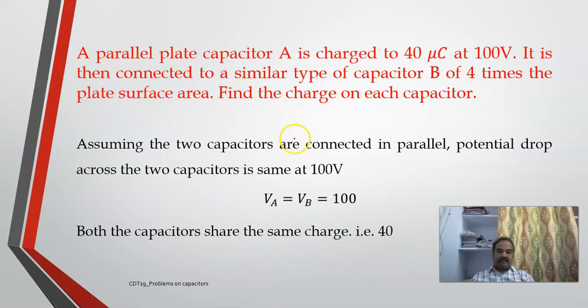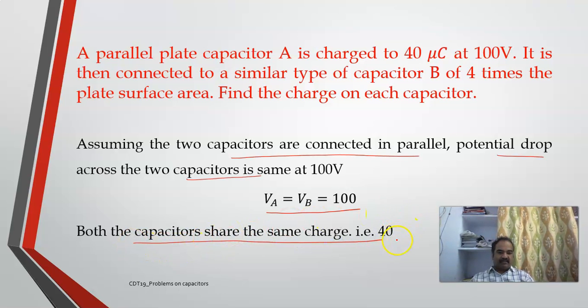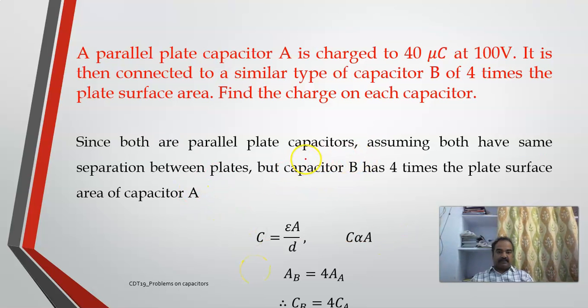So we will see. Assuming two capacitors are connected in parallel, the potential drop across the two capacitors is the same at 100 volts. So VA is equal to VB is equal to 100. And the combined charge is 40 microcoulombs. First of all, let's calculate the capacitance.